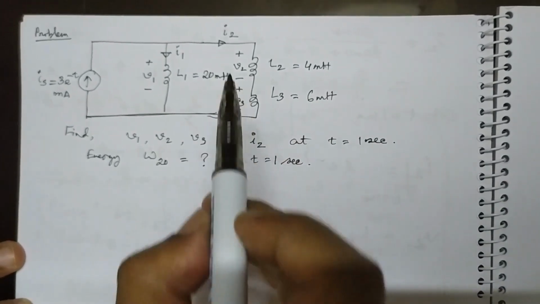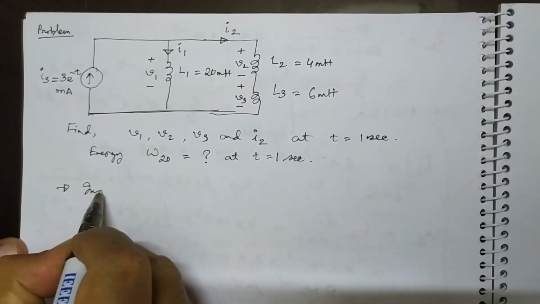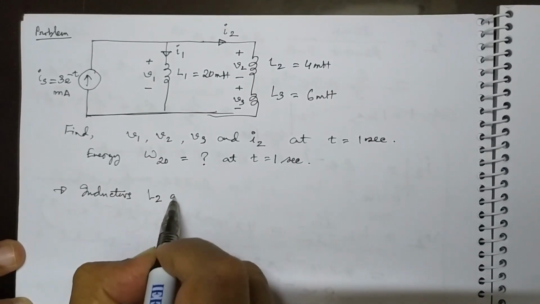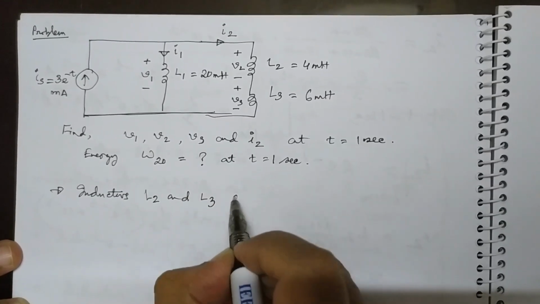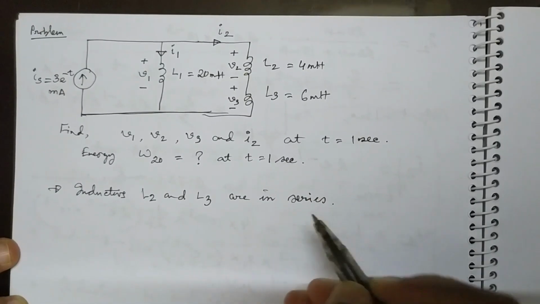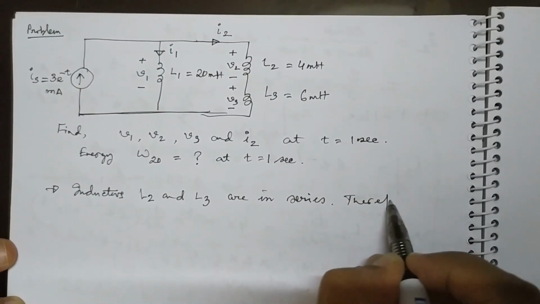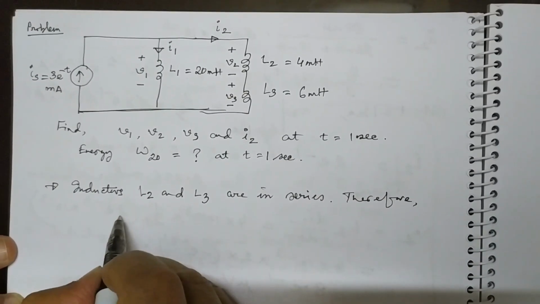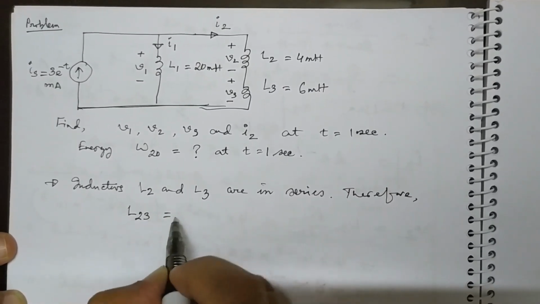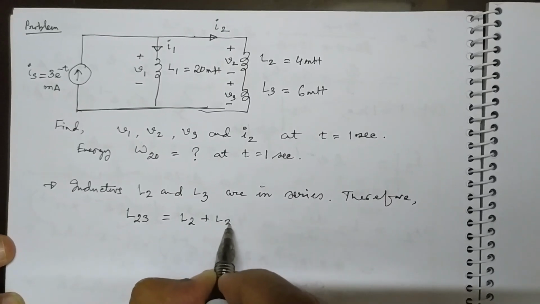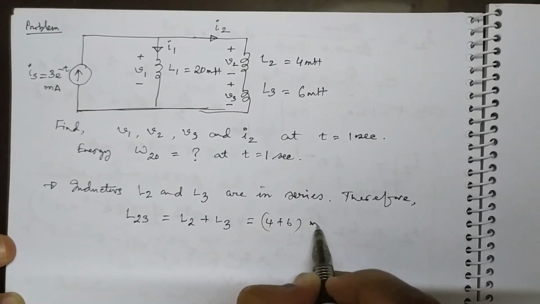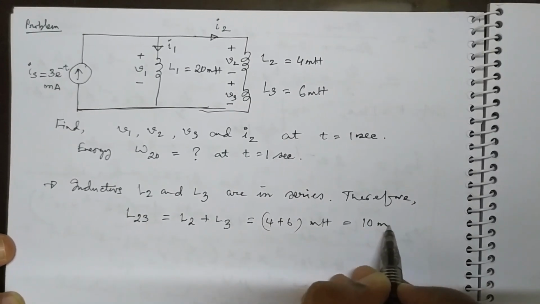Now, inductors L2 and L3 are in series. Therefore, equivalent inductance L23 is equal to L2 plus L3, which is equal to 4 plus 6 millihenry, that is 10 millihenry.